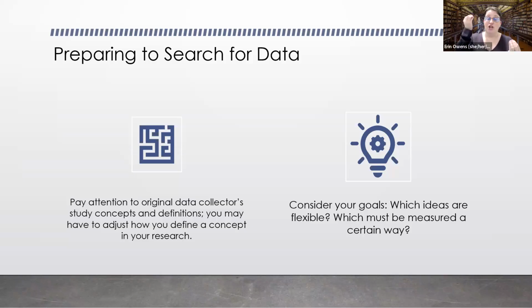Am I comfortable changing my way to match theirs so that I can use their data? Or where do I have a concept that for my purposes must be defined and measured a very specific way, and that might rule out some data sets I find if they don't match that. So we need to figure out where our hard requirements are and where our loose requirements are.